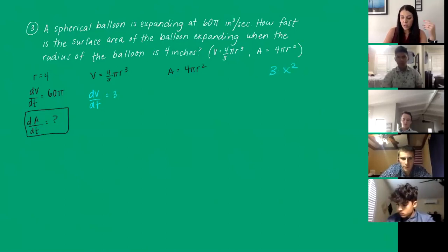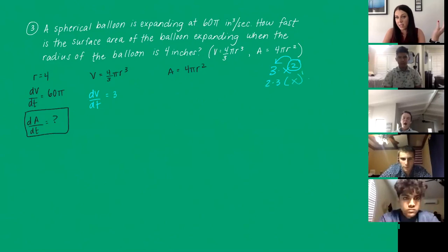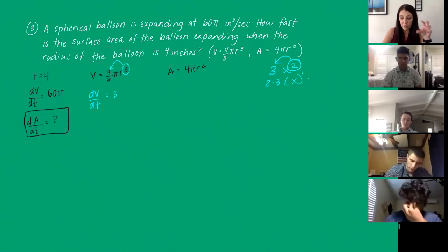So what happens is I take this and I multiply it by the constant. So I get like 2 times 3 times x raised to the first power and then times whatever the derivative of x is, depending on what I'm taking it with respect to. So what you should be doing here is taking this 3, multiplying it by that whole constant. So 3 times 4/3 pi.